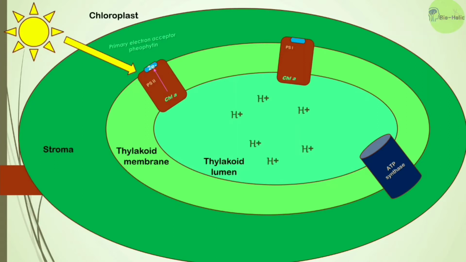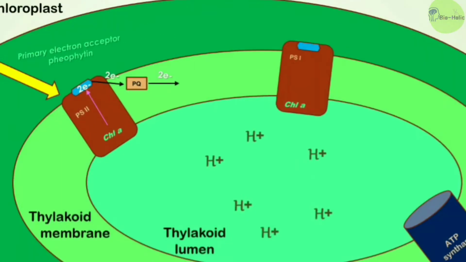The electrons that are lost from the PS2 then enter into an electron transport chain or ETC, where the electron from higher energy level comes to lower energy level along the concentration gradient. From the primary electron acceptor, it is transferred to the plastoquinone at first, then it is transferred to the cytochrome complex.